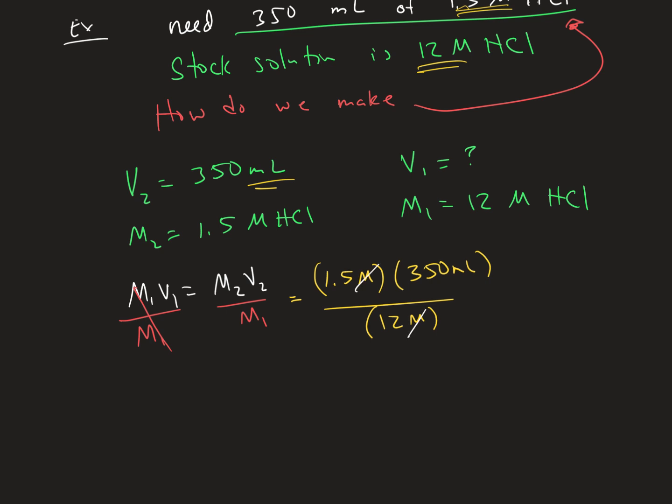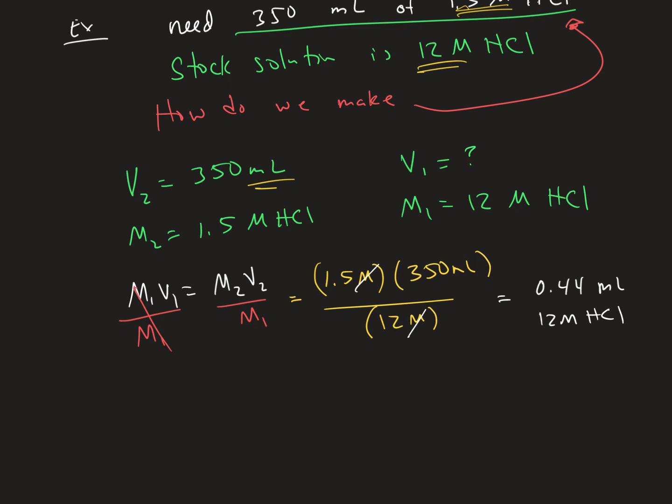Molarity. If you want it in milliliters, we're done. We don't have to convert it if we don't want to, because we're not just multiplying those two together. And we get 0.44 milliliters of a 12 molar concentration of HCl.